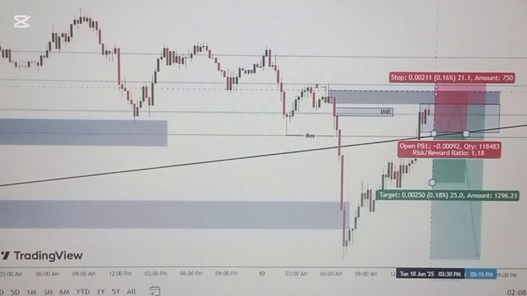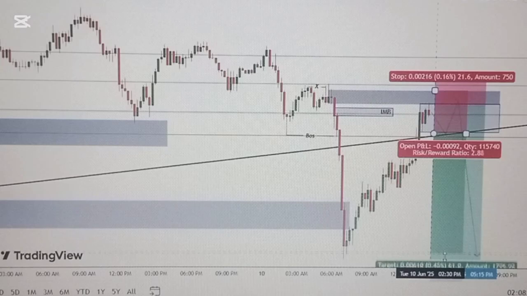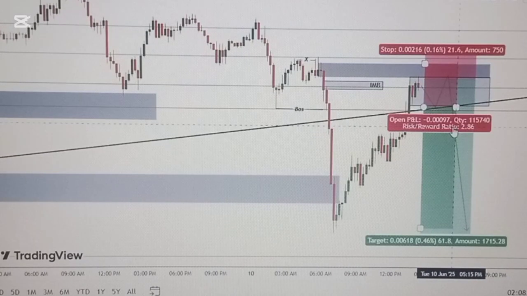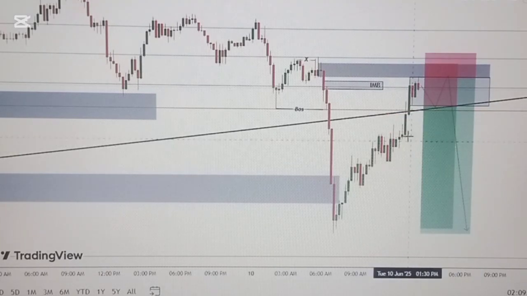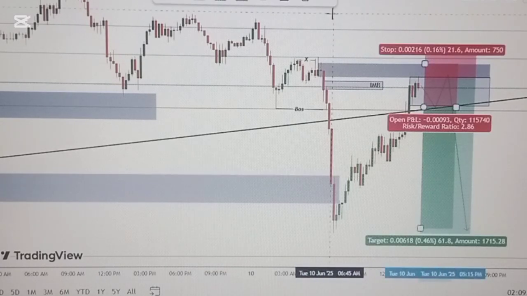Or after the confirmation, you can take half, 20 pips, then target 61 pips. It's still a good risk to reward, 2.8. But just make sure anything you are doing, you manage your risk, because managing risk is the most important.